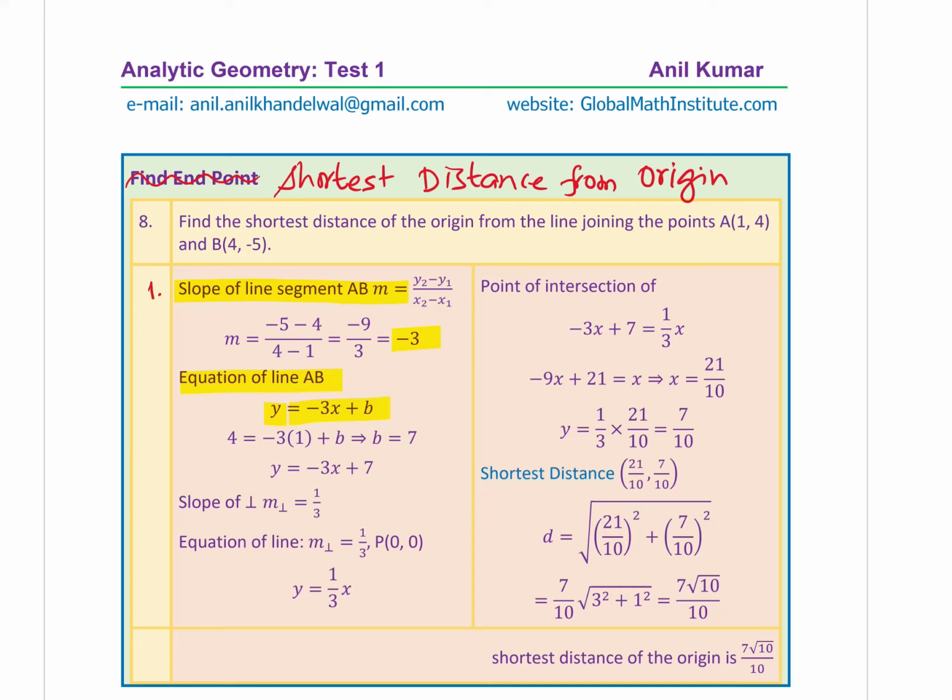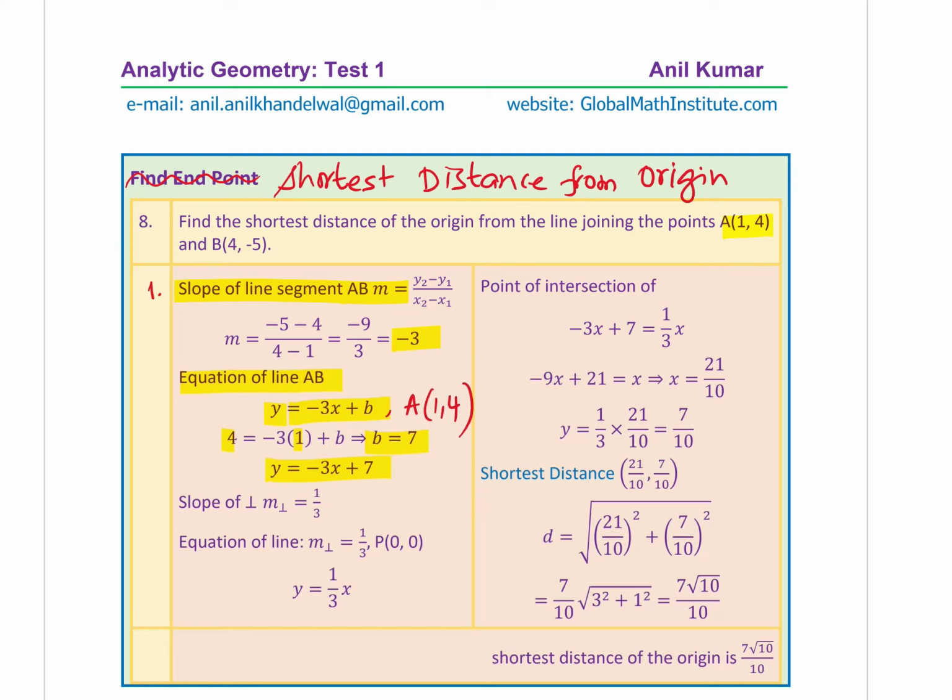Substituting any one of these points, we chose to substitute A, which is (1, 4). When you substitute 1 and 4, you get b equal to 7, and therefore the equation of the line is y equals minus 3x plus 7.